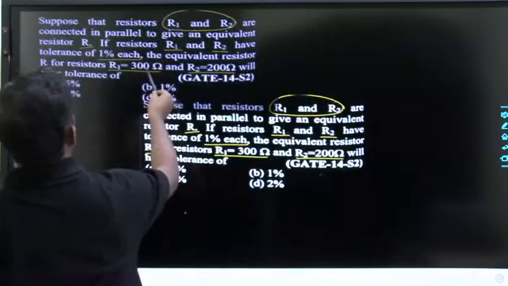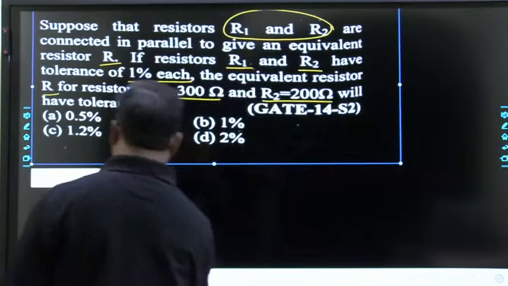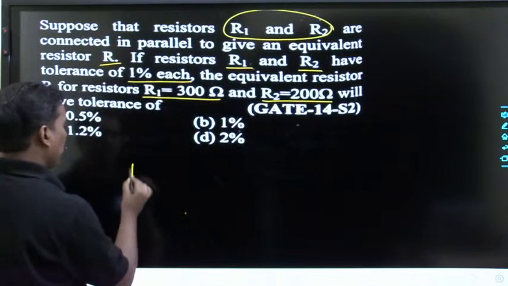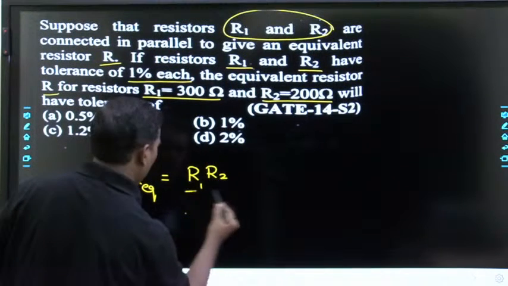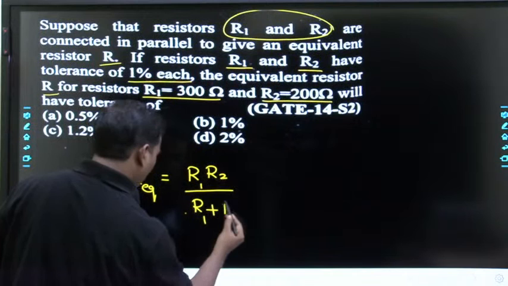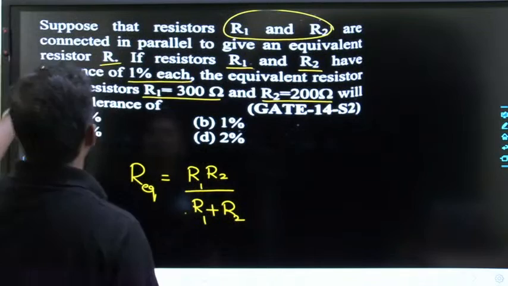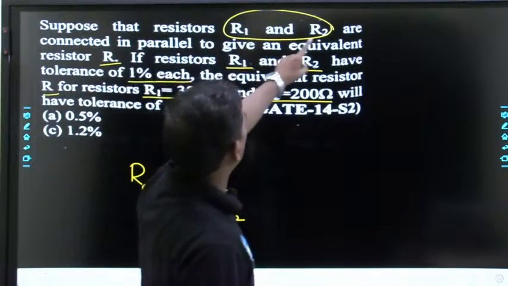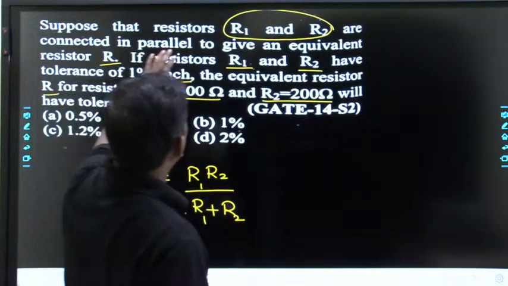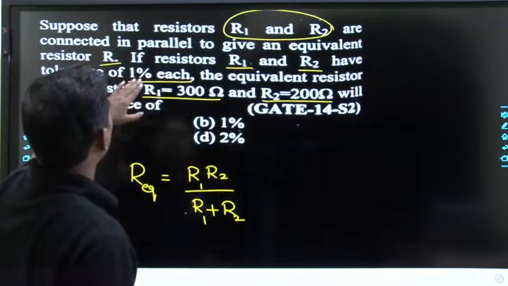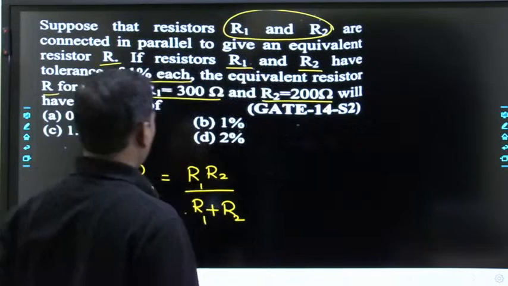Suppose that the resistors R1 and R2 are in parallel. So R equivalent for the parallel combination will be R1 R2 by R1 plus R2. So what is the way of doing this question? What is the true value?